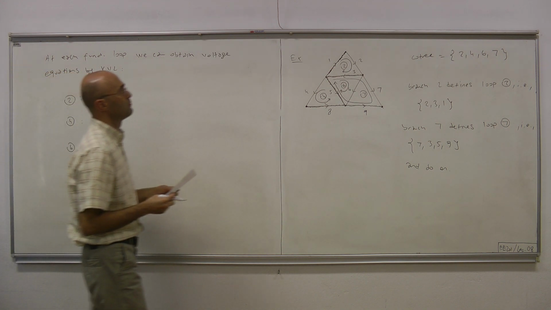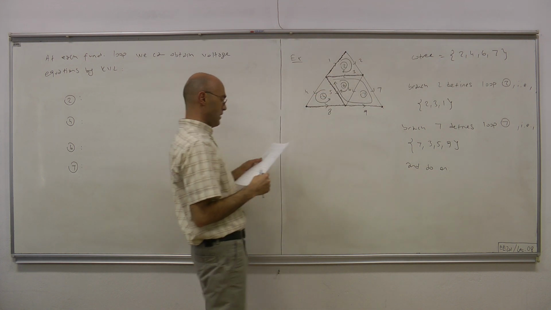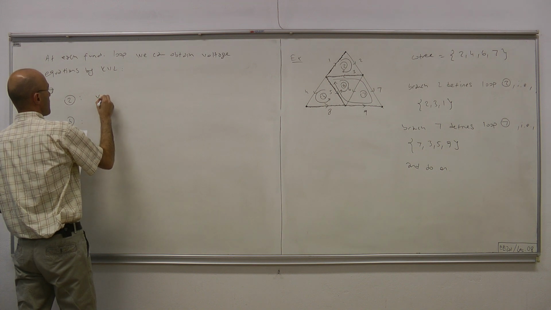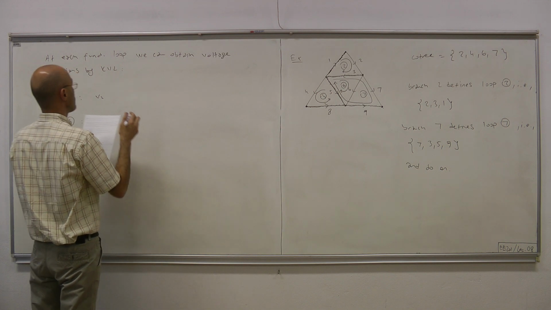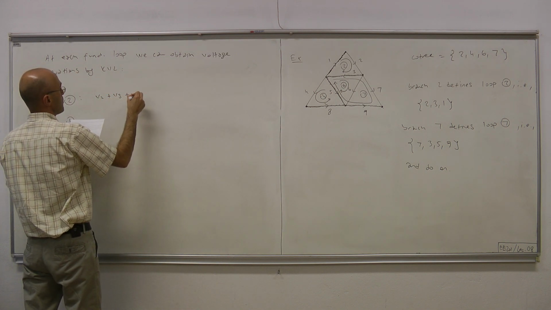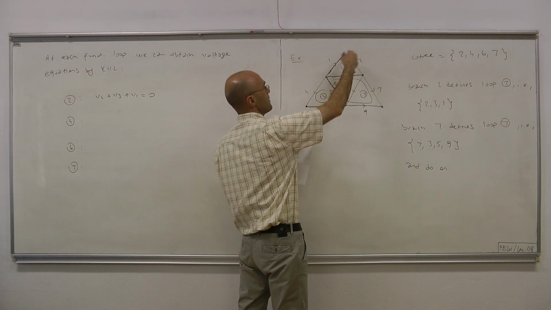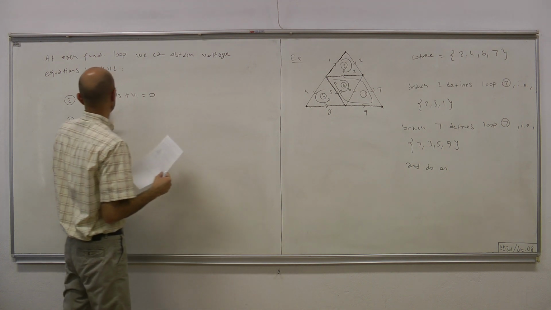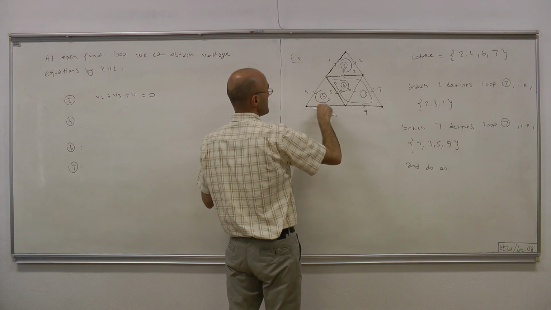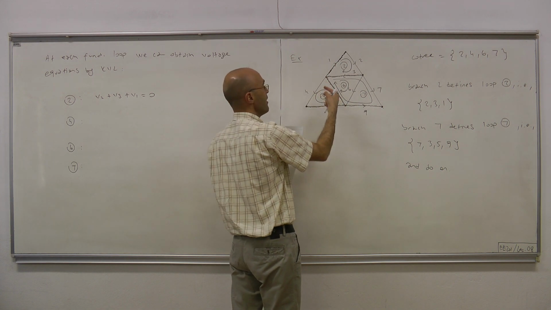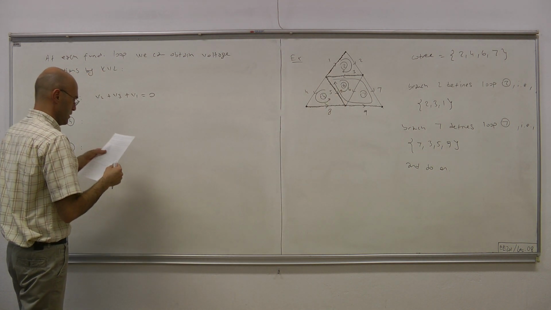For loop 2, we write V2 plus V3 plus V1 equals 0. It is the sum of all those voltages, which are in the same direction as the loop, therefore all the signs are positive. For loop 4, we have V4 plus V8 minus V5, because the direction of V5 is opposite to the loop, equals 0.